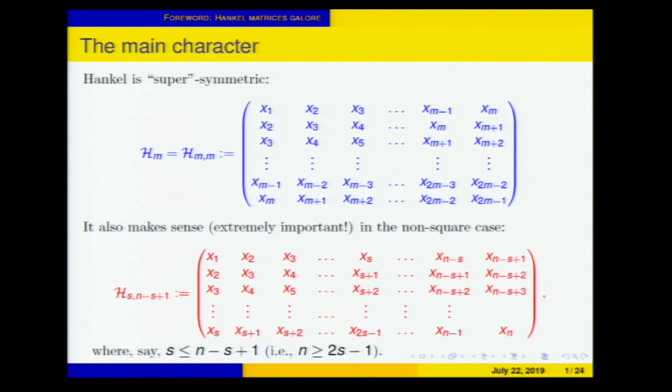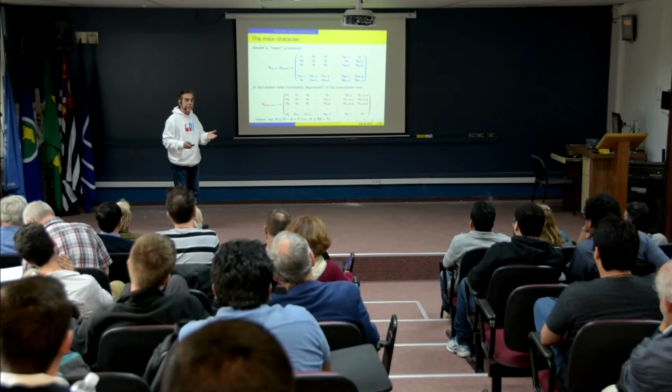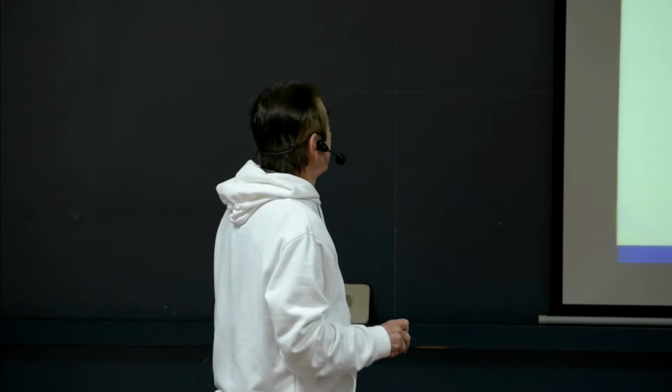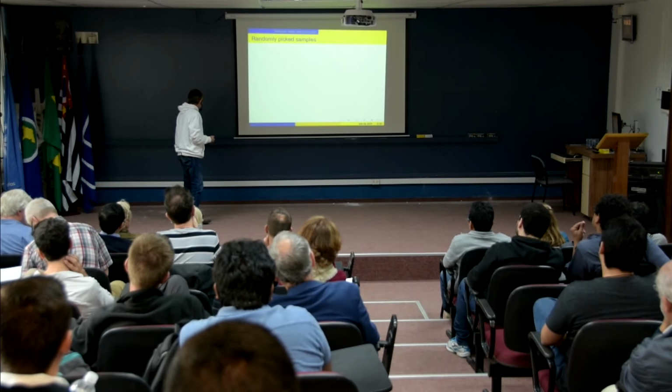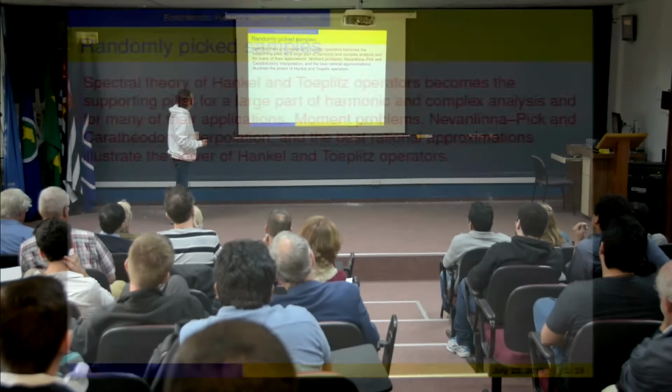And it's interesting to know that for these matrices, the number of variables is the sum of the number of columns and rows. It's a very classical object, so one needs to do some commercial about these Hankel matrices, because many people never heard about them or never cared. So these are some samples, some commercial.